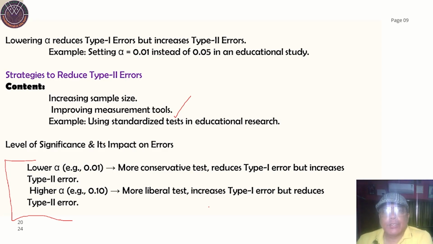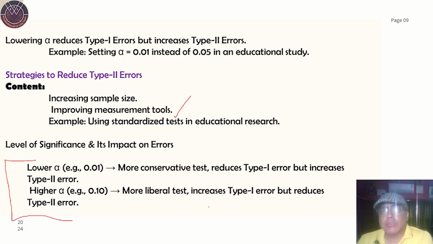But whenever you are taking the decision, you try to reduce the level of significance, so that you are taking only a 1% chance of falsely rejecting the null hypothesis. Of course you want some higher value of the statistical test, so that you can say that particular method is working. So the test becomes very conservative and it reduces type 1 error but increases type 2 error.